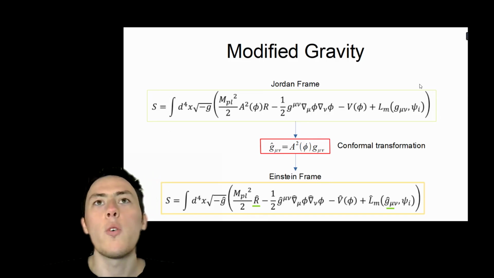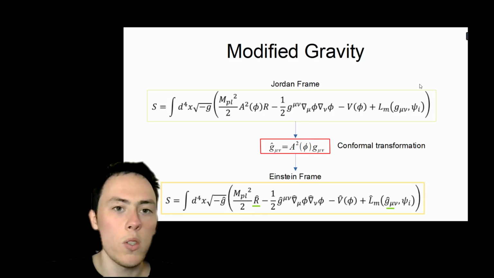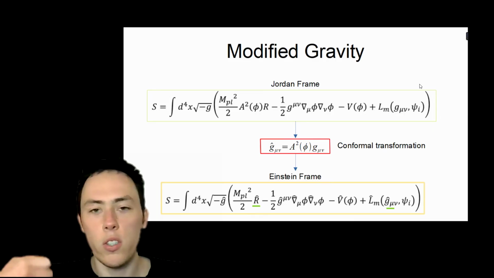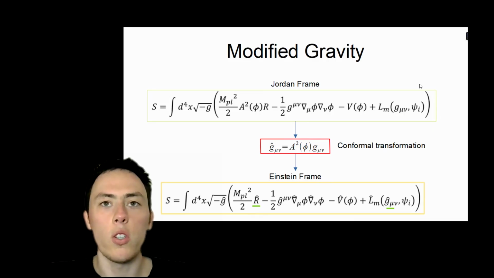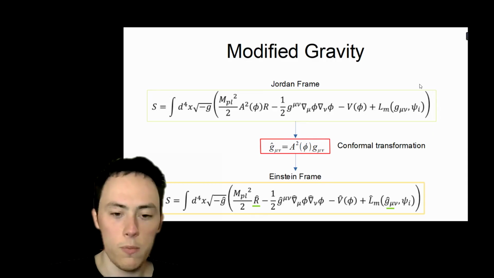So you can think of it as an equivalence between the geodesics of your particles from modified gravity versus where you're considering the contributions of a scalar field that's mediating an extra force.